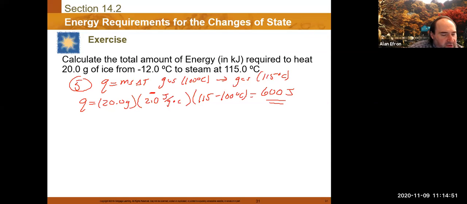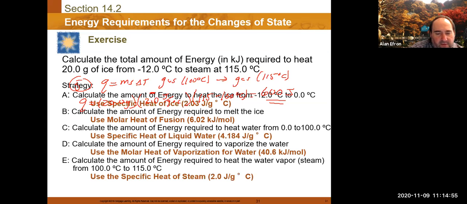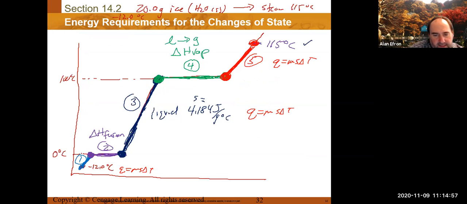And again, that's the energy required to do the very last step there, which as we saw was right here, this step. So to fill in our numbers, I think I just had 600 joules for that fifth step. The fourth step was 45,200.